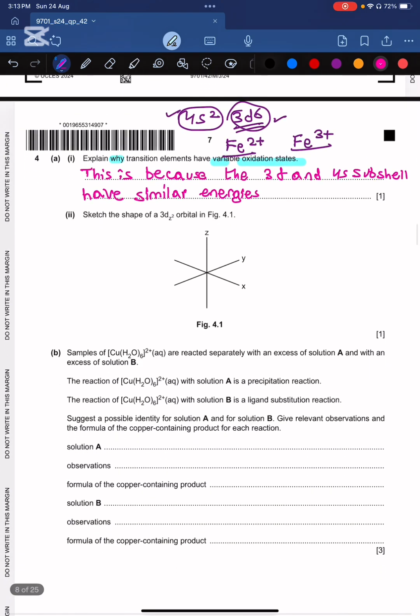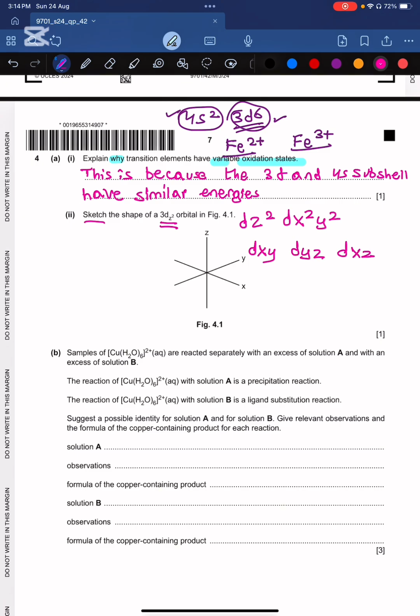Right. The next question asks us to sketch the shape of a 3d z squared orbital in figure 4.1. 3d orbitals are of a few types. There is dz squared, dx squared minus y squared, dxy, dyz, and dxz.